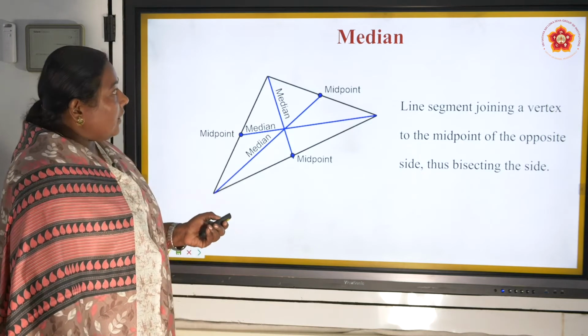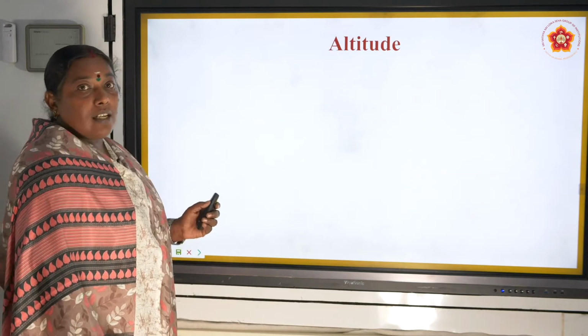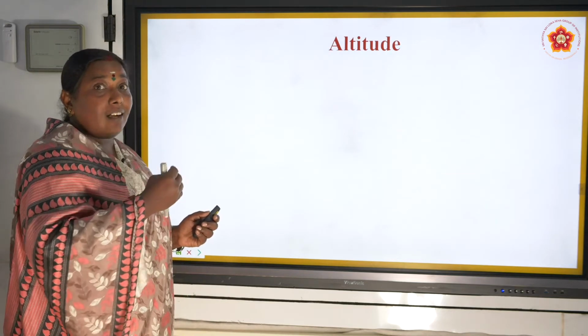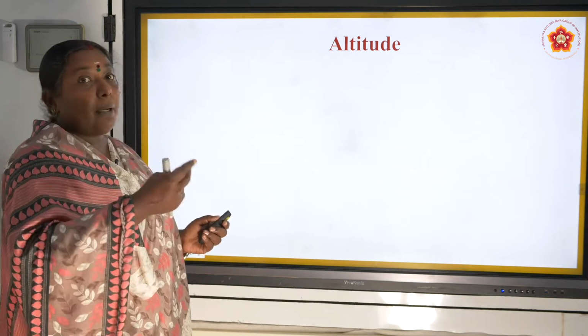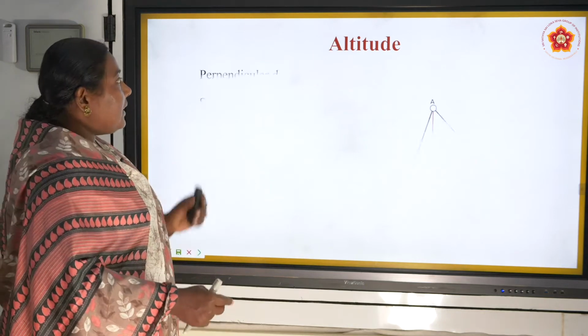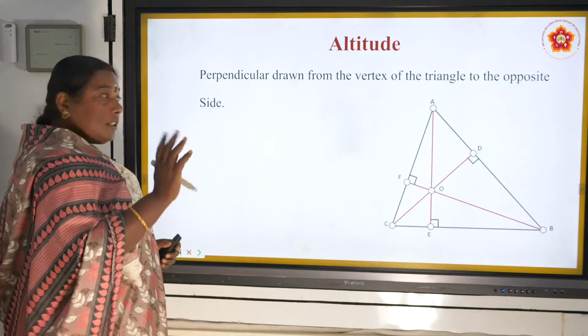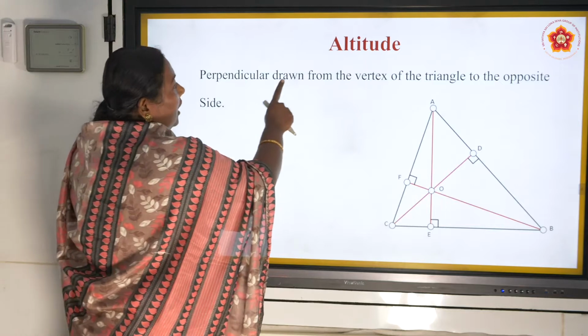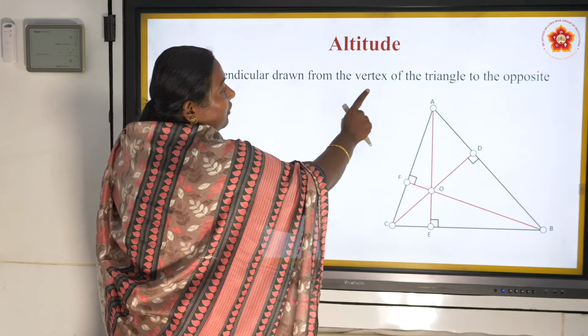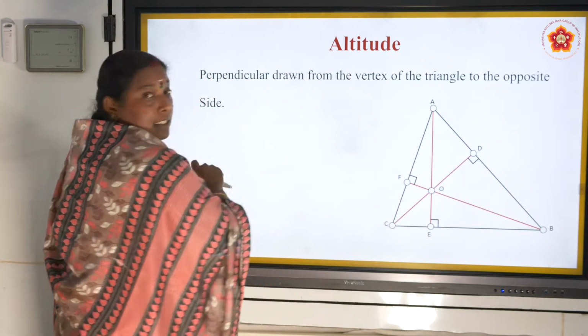Let us see the next one. Altitude. What is altitude? When we learned the area of a triangle, we heard the words base and altitude. Let us see what the altitude is. There is a difference between median and altitude, that also we will see. Altitude is the perpendicular drawn from the vertex of the triangle to the opposite side.